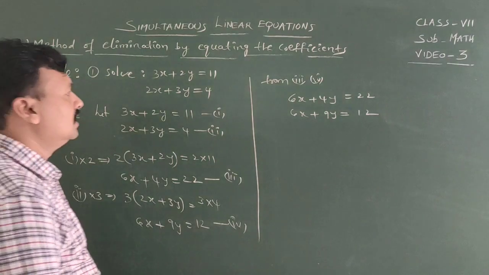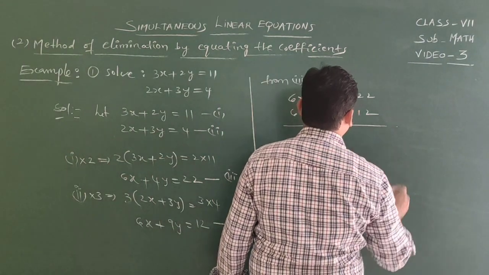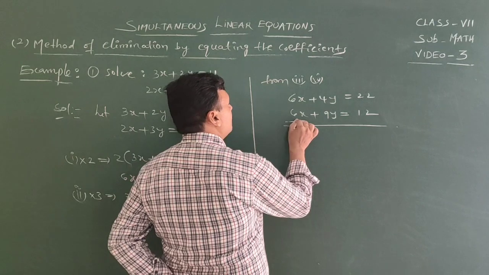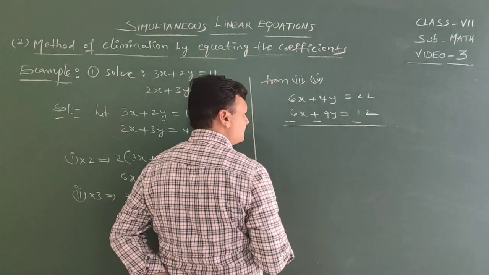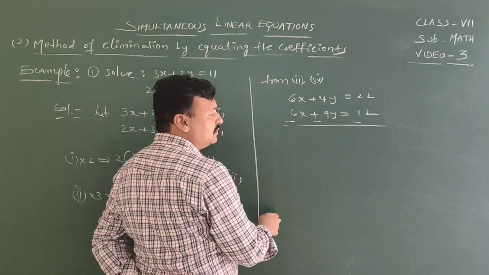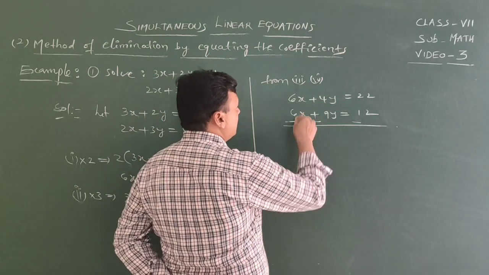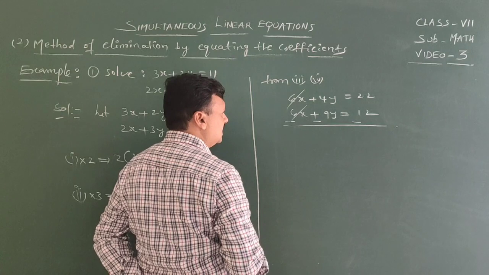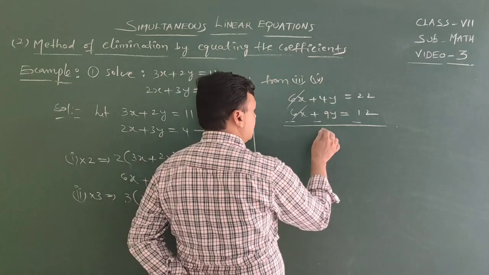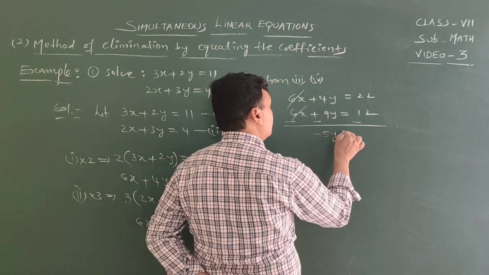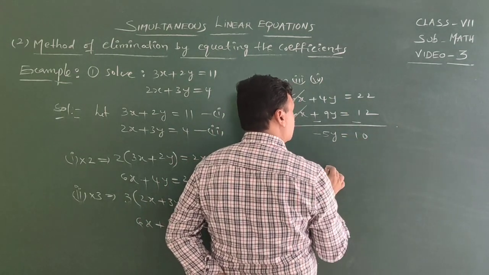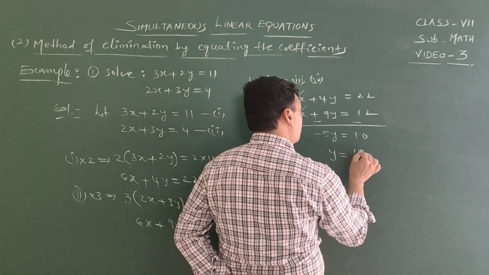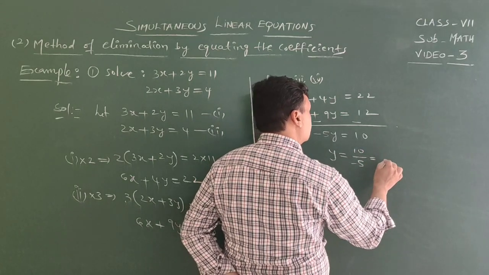That's why we need to subtract these. Minus, it becomes minus. Subtraction of two expressions. Now 6x and 6x get cancelled. Now 4 minus 9 equal to minus 5y. Here 22 minus 12 equal to 10. Here y equal to 10 by minus 5. That is minus 2.